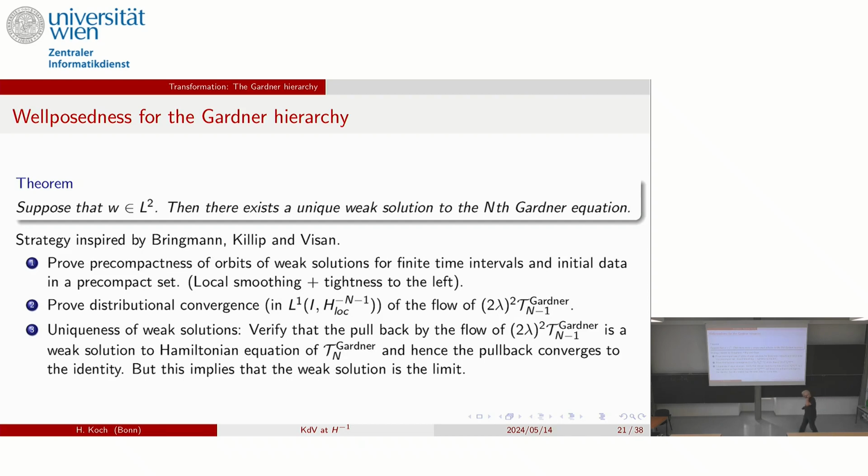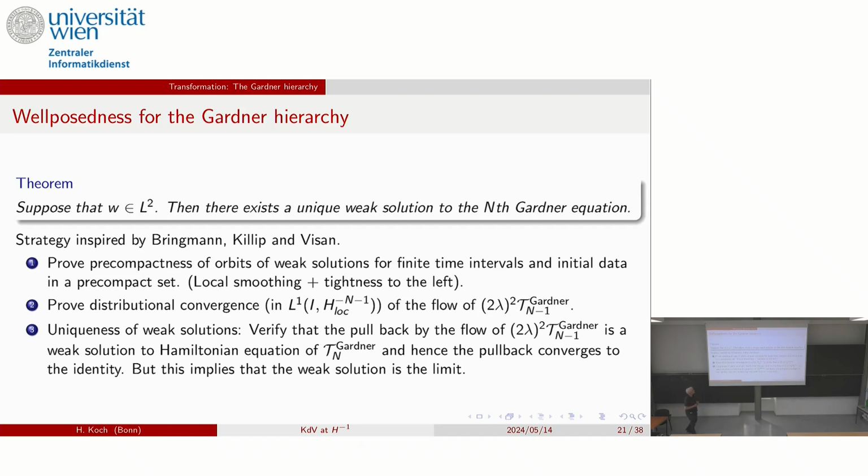Still, the strategy is inspired by Brinkmann, Killip, and Visan with some modifications, which partly you have seen, partly you will see later. So the first step is a PDE argument: look at weak solutions to the Gardner equation. I'll say a bit more about that, but I want to mention the steps which we do.